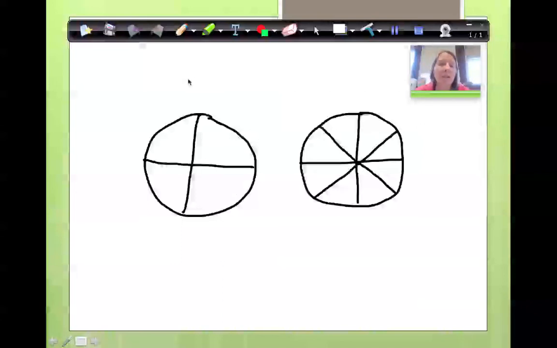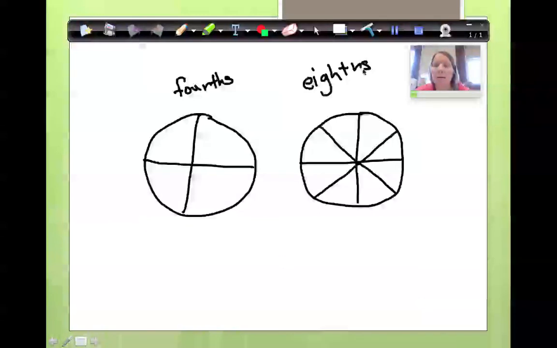So this is fourths. This is cut into eighths.